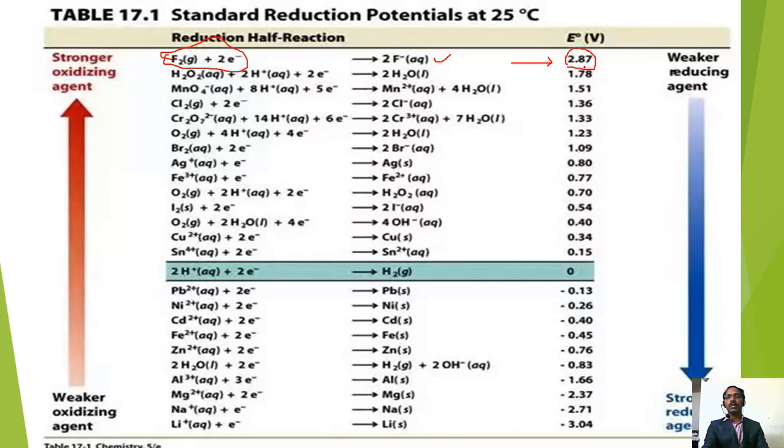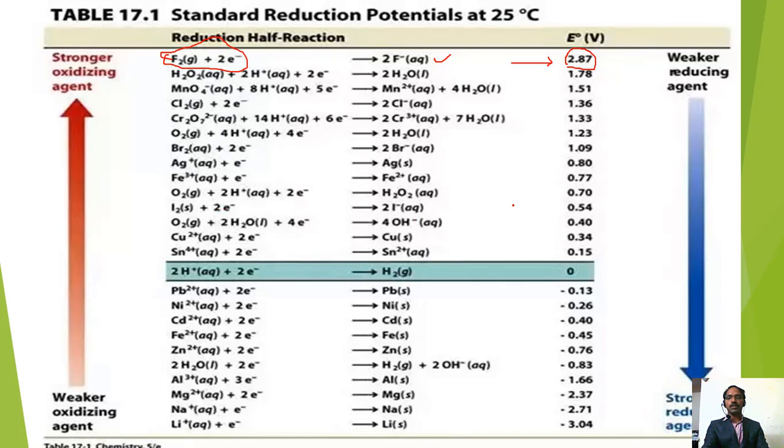How is this 2.87 value assigned? With respect to hydrogen, this fluorine takes electrons 2.87 times efficiently. We can understand it in that concept.